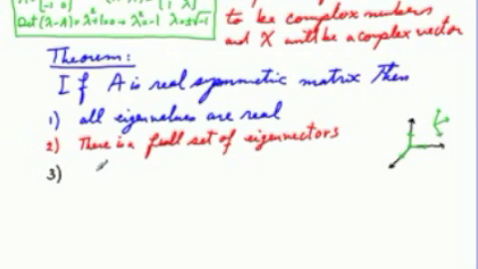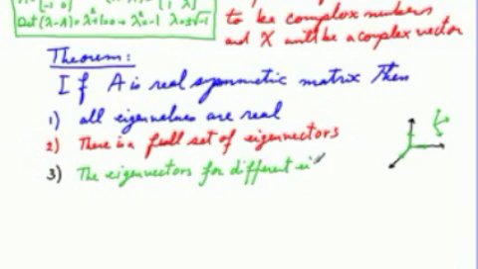The eigenvectors, here is the fine print, for different eigenvalues are perpendicular.